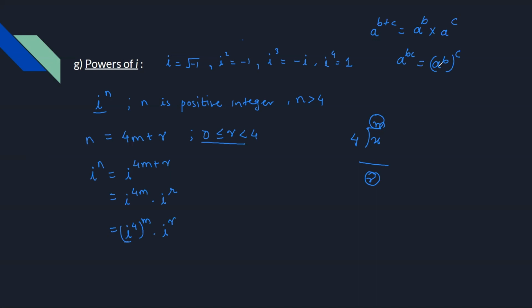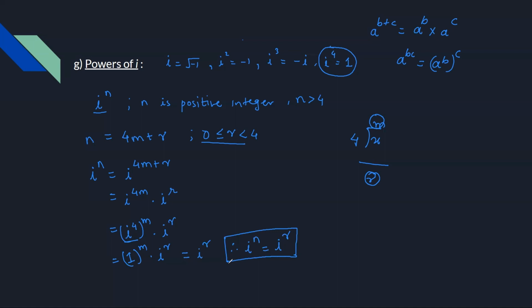Now I know that I raised to 4 is equal to 1, so I replace I raised to 4 with 1, giving 1 raised to m into I raised to r, which is equal to I raised to r, because 1 raised to any number is 1 itself. Therefore I raised to n equals I raised to r, where r is the remainder of n when divided by 4.